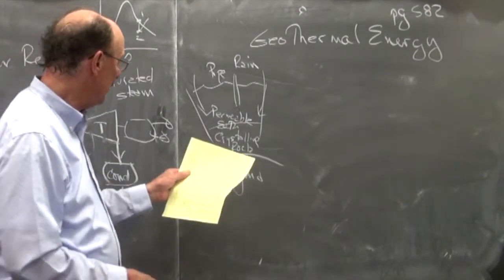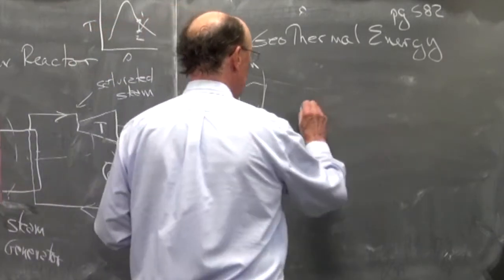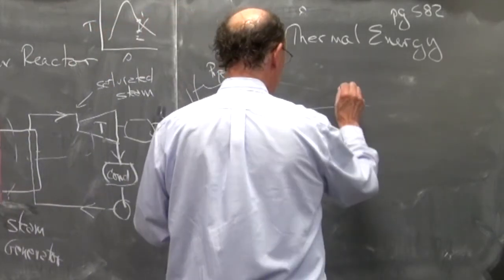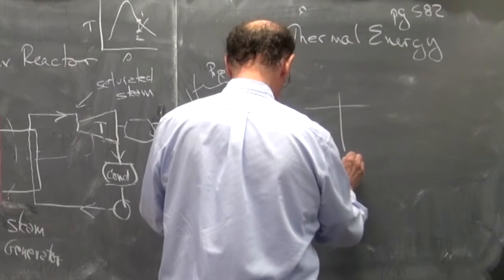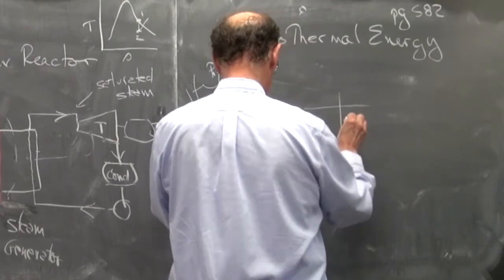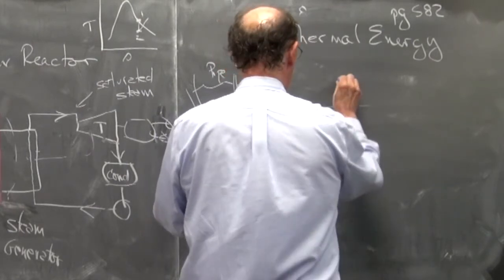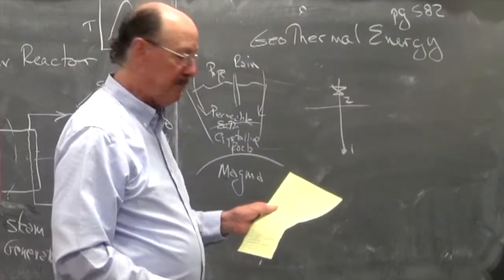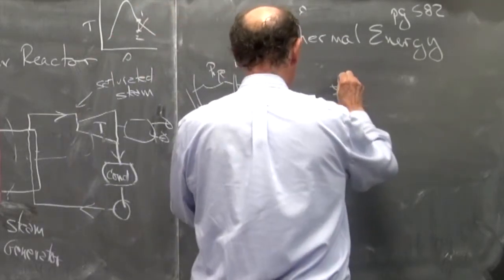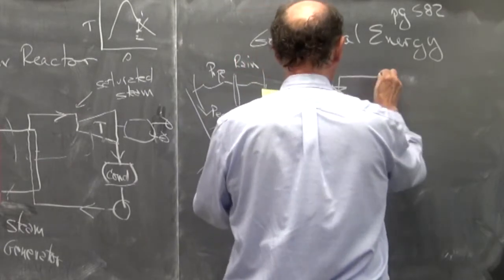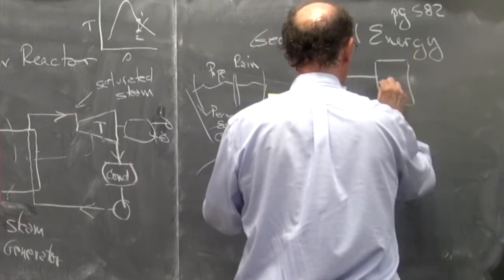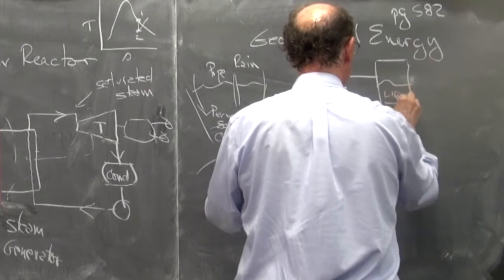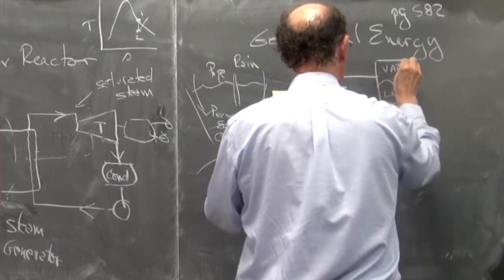So now if I look at this, I have the Earth's surface here, and I put down a pipe, and we have a valve on it to control it, of course. It's going to come out and go into a steam separator. So I'll have a liquid here and vapor here.